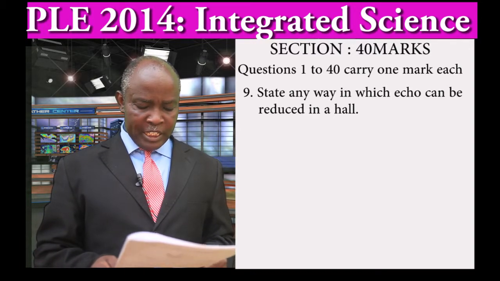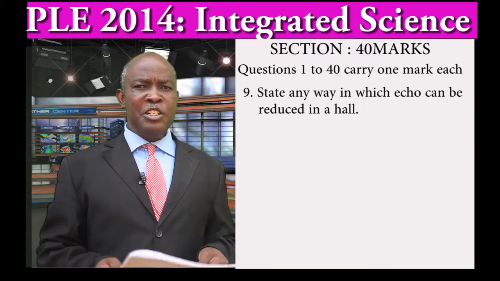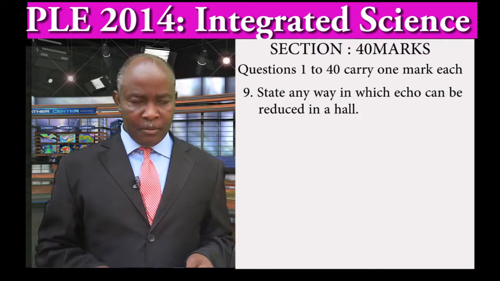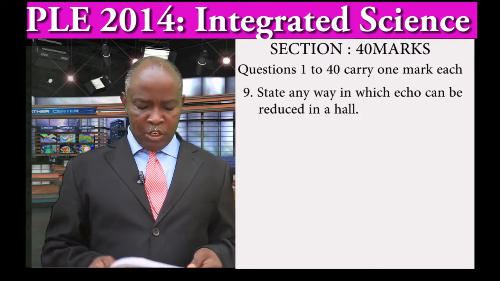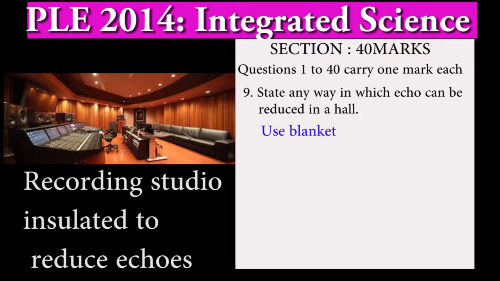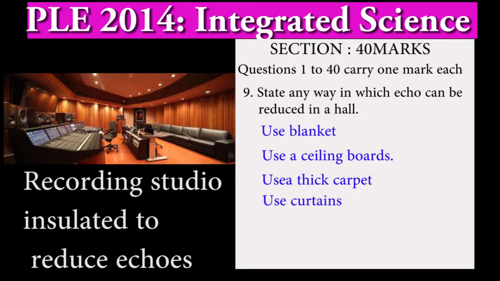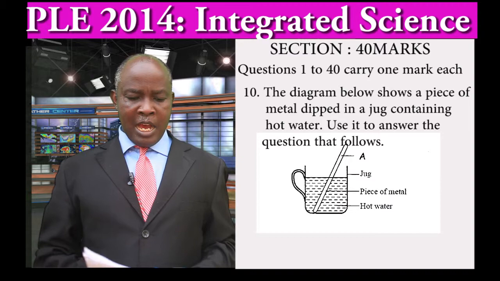Number 9. State the way in which echo can be reduced in a hall. Reduce echo in a hall by use of blankets, by putting ceiling boards, by using a thick carpet, by using curtains. Number 10.